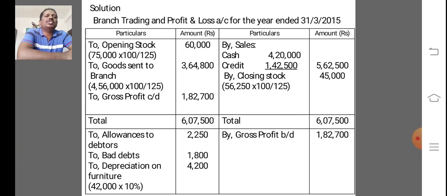By closing stock 56,250 into 100 divided by 125, that is 45,000.